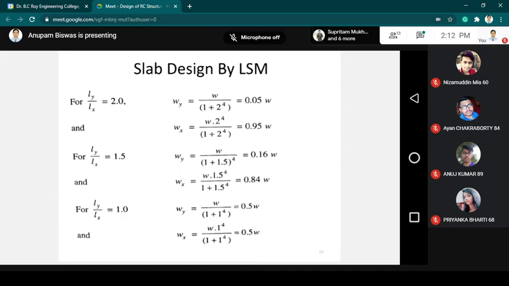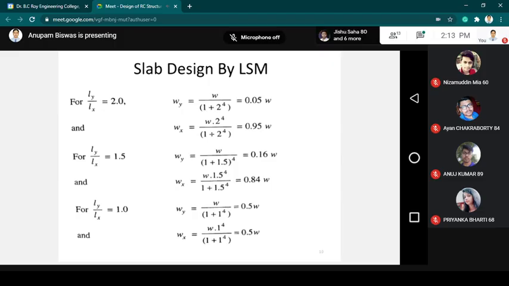For Ly by Lx of 1.5, Wx is equal to 0.84 W and Wy is 0.16 W. When you reach a ratio of 2, that is, when the length is twice the breadth, almost 95% of the load is carried by the shorter span.